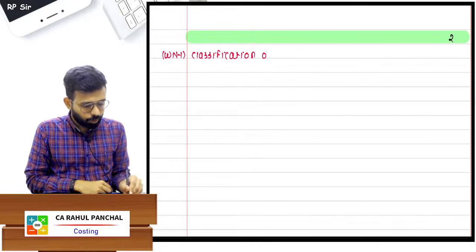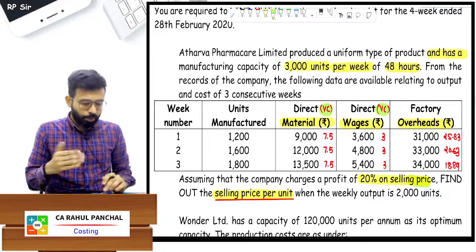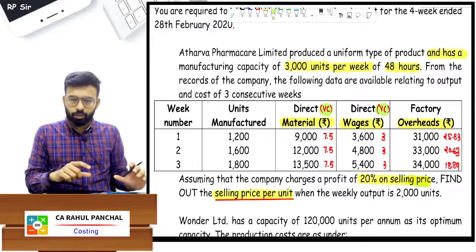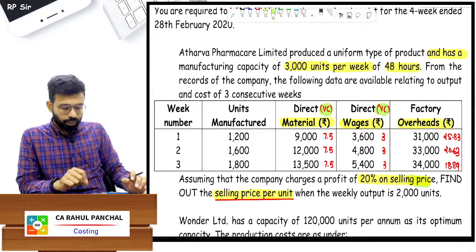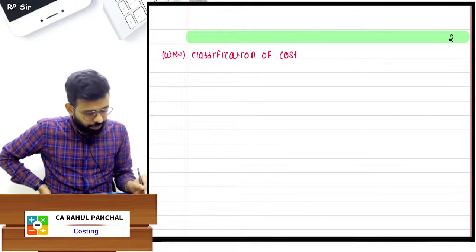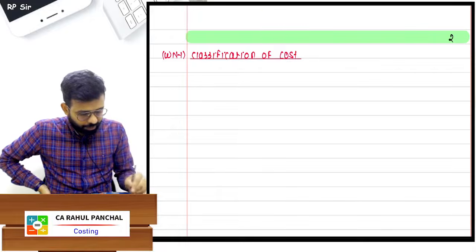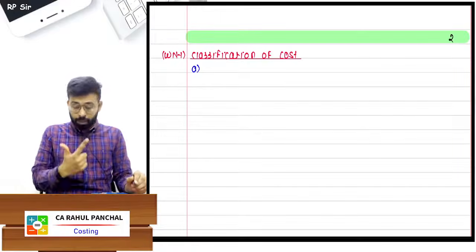Those who do not have a hard copy, please take a screenshot of this so that you can later write down those per units and all. Now, when I say classification of cost, cost can be classified into 3 parts. It can be fixed, or variable, or semi-variable.